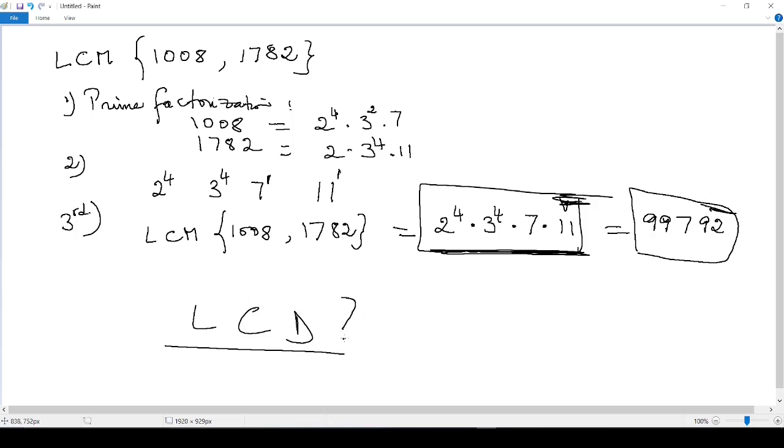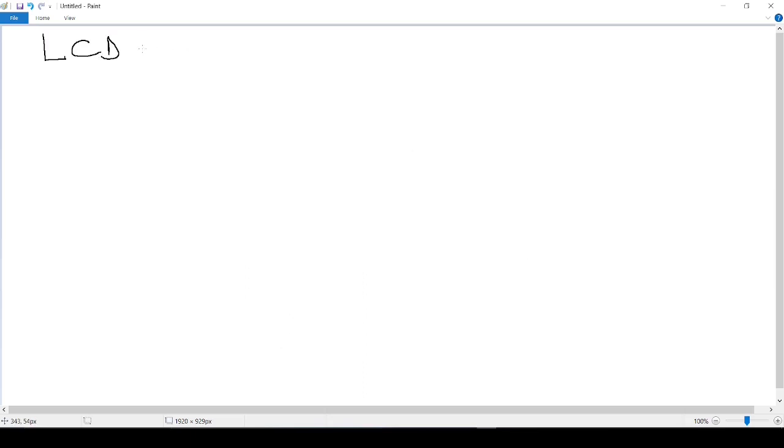LCDs. What are they? LCD stands for least common denominator. Recall that when we were adding and subtracting fractions with unlike denominators, we found a formula to make the denominators the same, right?